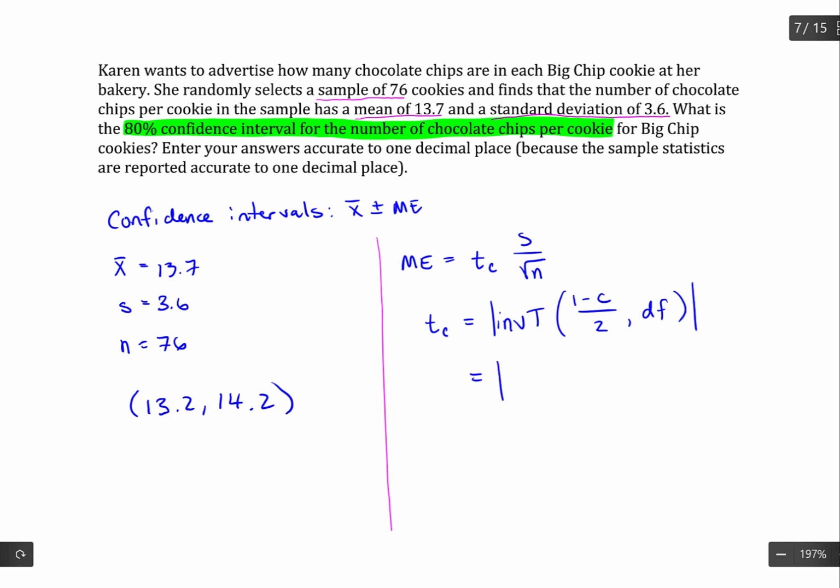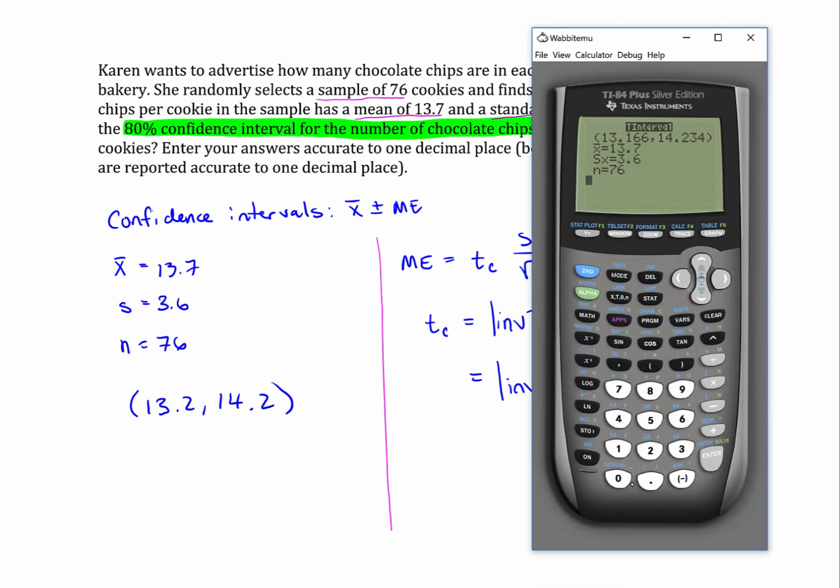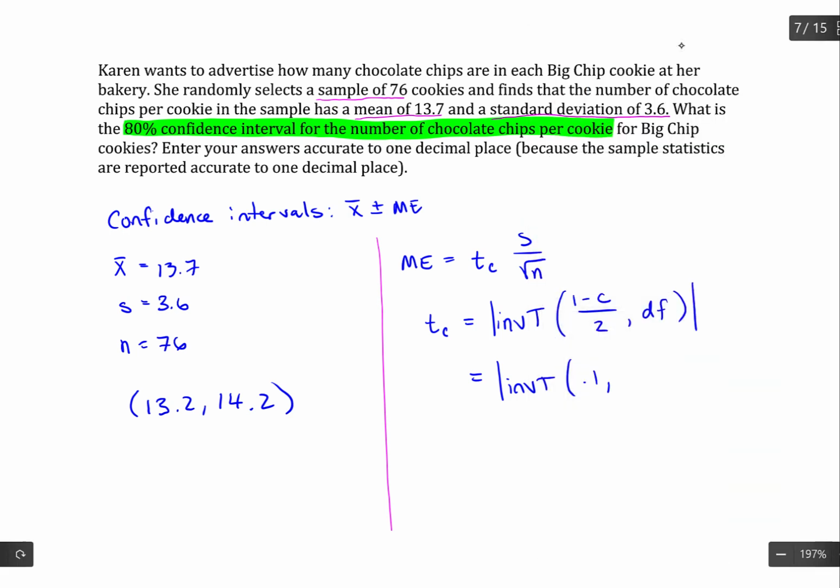So here we would do the absolute value of the inverse t. The level of confidence is 80%, so 1 minus 0.8. That's 0.2. And we divide by 2, so that's 0.1. Then the degrees of freedom is just one less than your sample size, so 75.